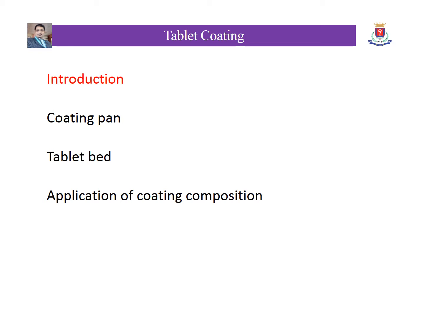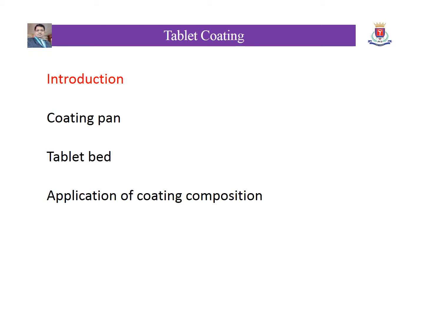Coating pan is simple pan in which tablets are put into it for coating purpose. There are variety of coating pans available in a market. They have different capacities. Baffles are the integrated part of coating pan. Baffles facilitate the mixing of tablet inside the coating pan.